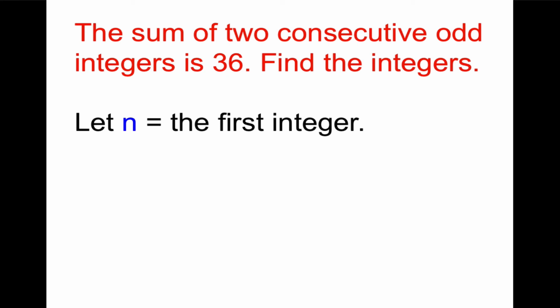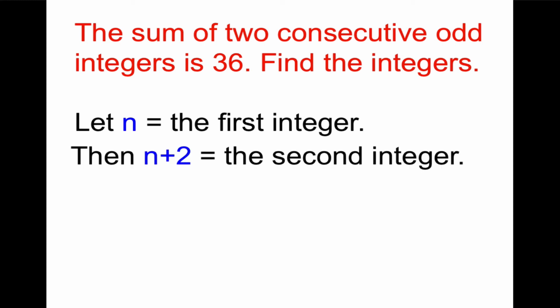And if you think about it, after 1, the next odd integer would be 3, and then 5, and then 7, and 9, and 11. So we're counting every other number. So after n, the next odd integer would be n plus 2. So the sum of n and n plus 2 is 36.